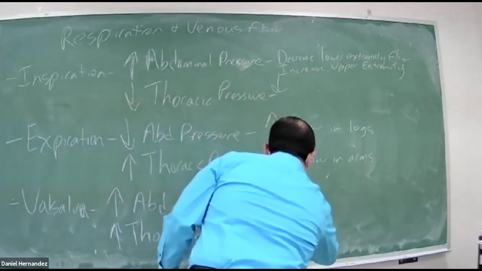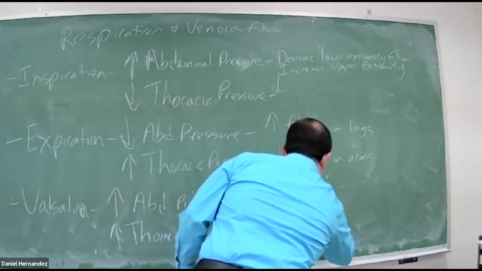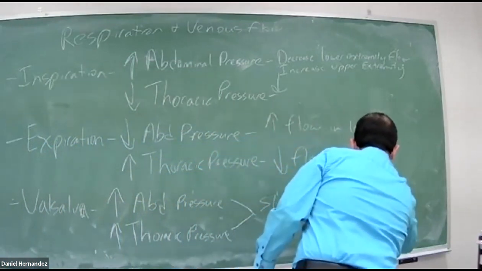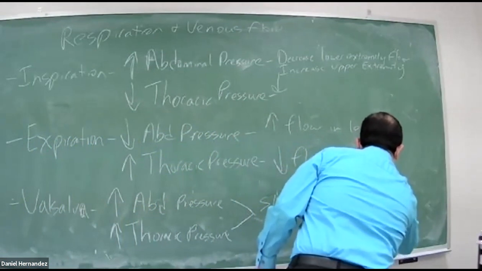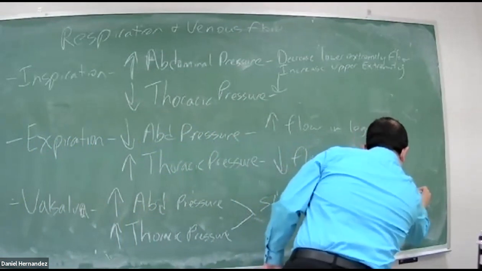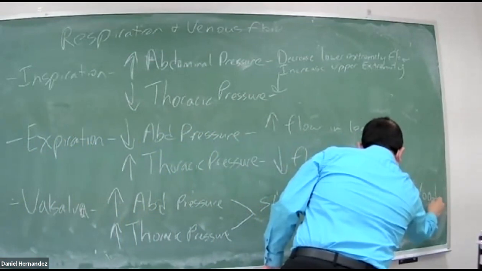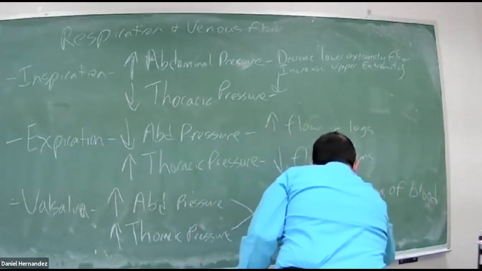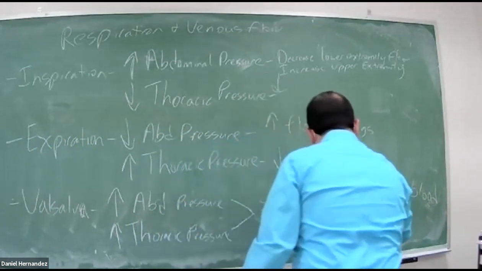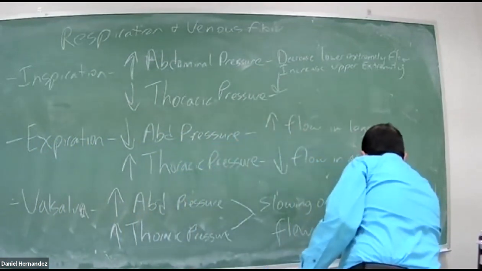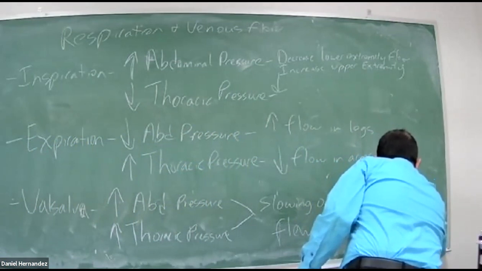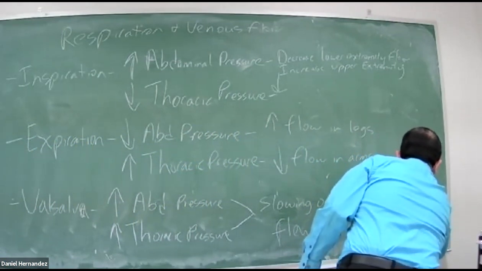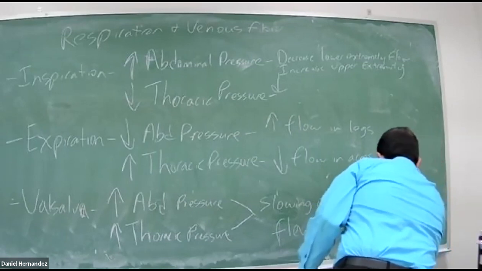So we'll have a slowing or stopping of blood flow in both upper and lower extremities.